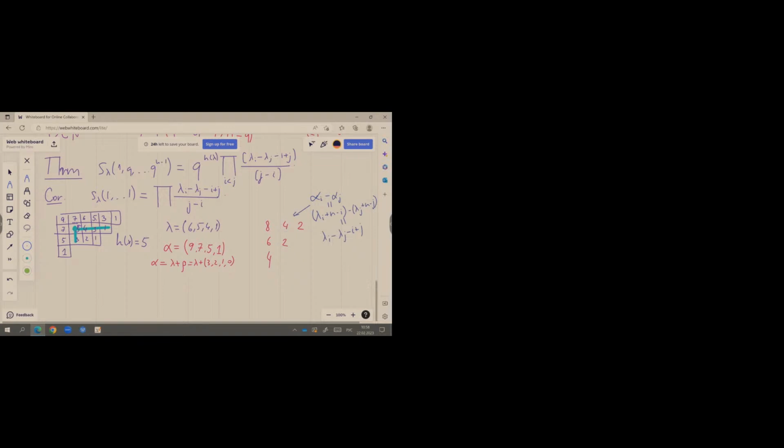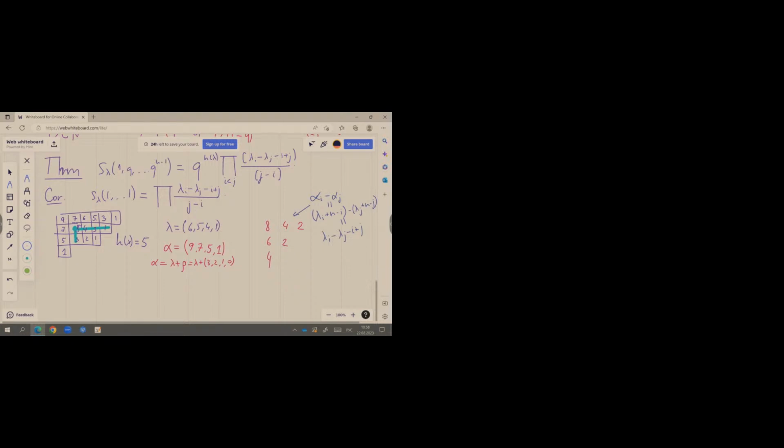Why? Because as we move from right to left, we get a jump every time a new row appears. The first number missing in this row will be alpha 1 minus alpha 2, right?